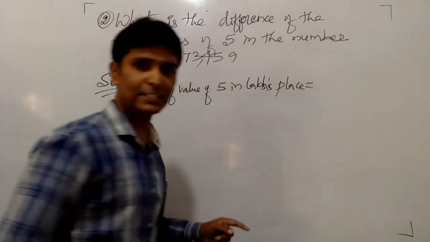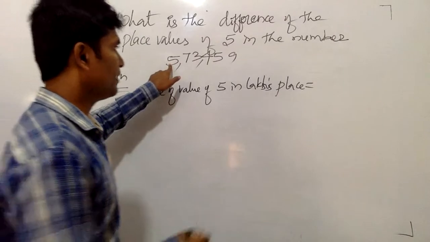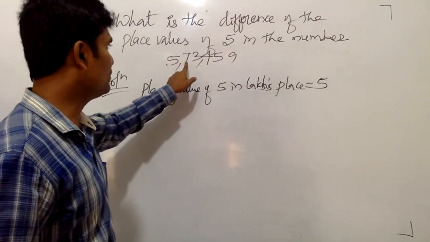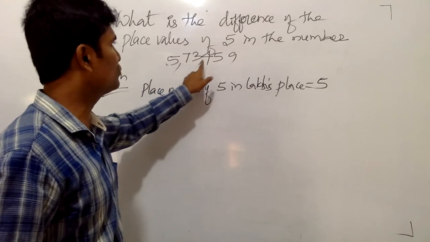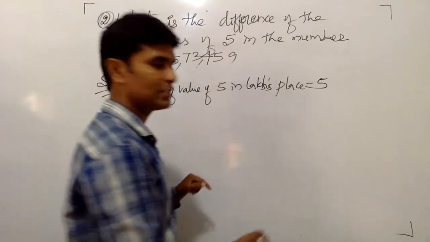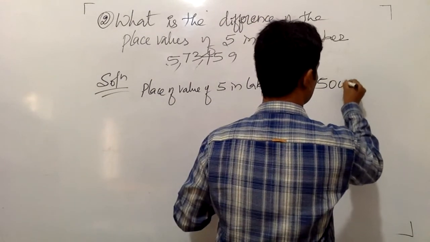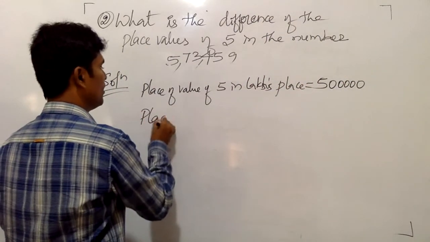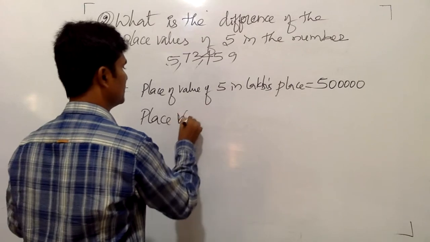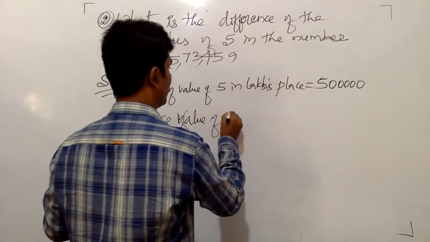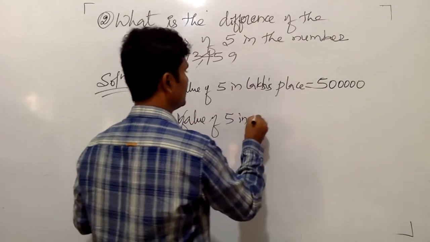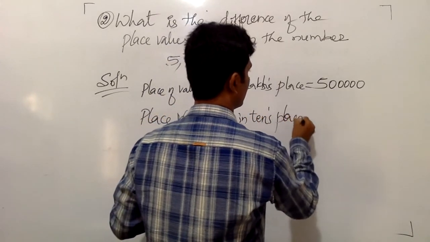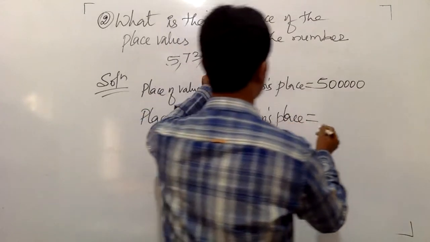already I told you the trick. See, I have to write 5 here. After that, how many digits are there? 1, 2, 3, 4, 5. So I have to put 5 zeros. Then the place value of 5 in the tens place: write 5 here.